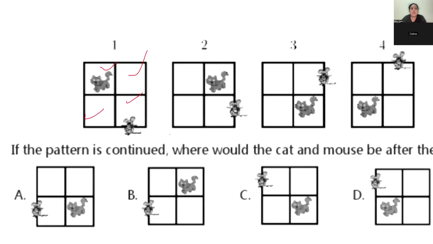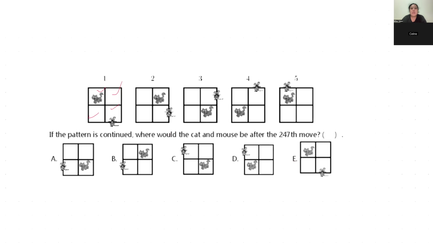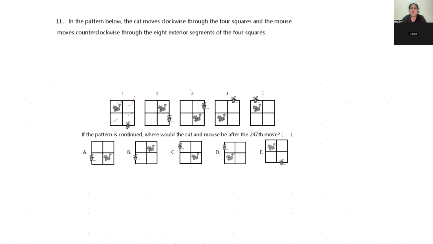And the question is asking where the cat and mouse would be after 247 moves. Do you want to try to solve this or do you want me to change it for you, Celine? If you feel it's too difficult or too challenging, that's no problem. Miss Dewi can replace the question for you. Or do you want to try first?